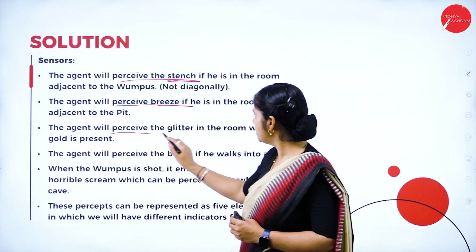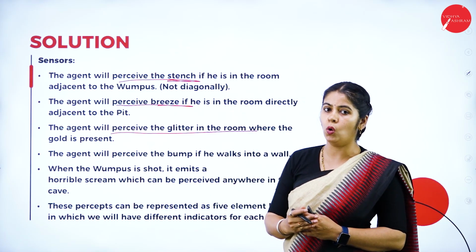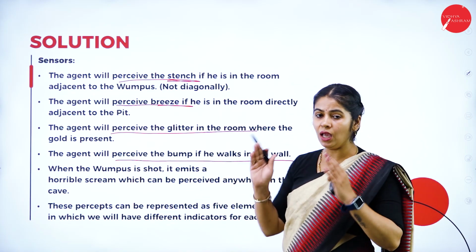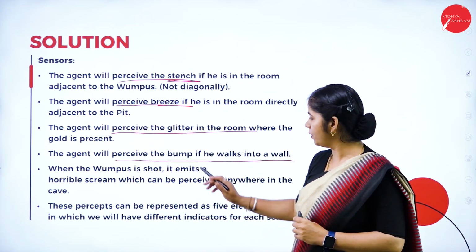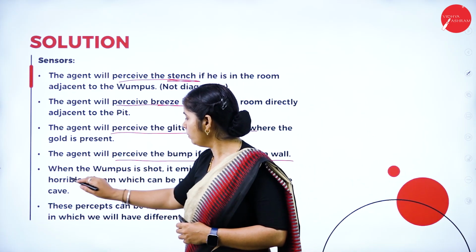The agent can perceive the glitter if he is in the room where the gold is. The agent can perceive a bump if he hits a wall of the room. That is one more sense he has, bumping.